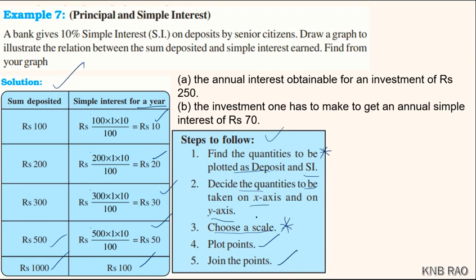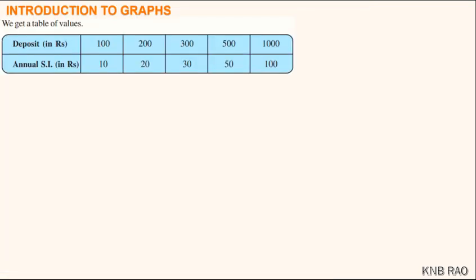This table will give you the points to be plotted. 100 rupees gives 10 rupees, so (100, 10), (200, 20), (300, 30), (500, 50) and so on.